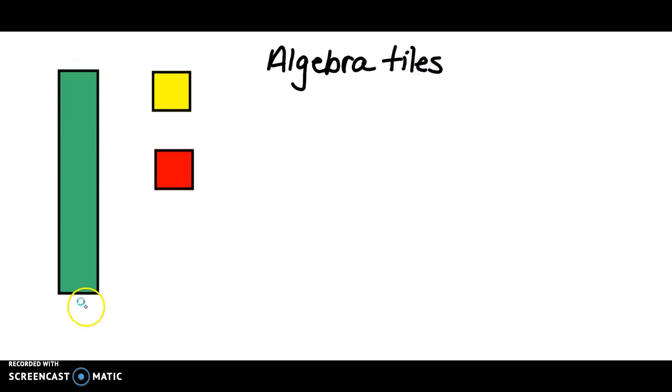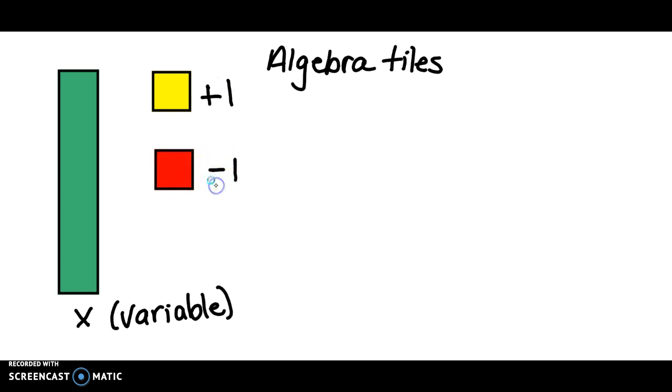So the long green one, that represents the x or any variable. So it really could be y, it could be z, it could be a, b, c, smiley face. Any of those, that's your variable. The yellow square is a positive 1, and the red square is a negative 1.